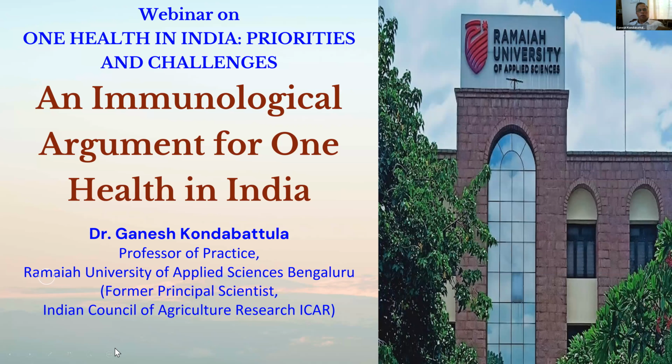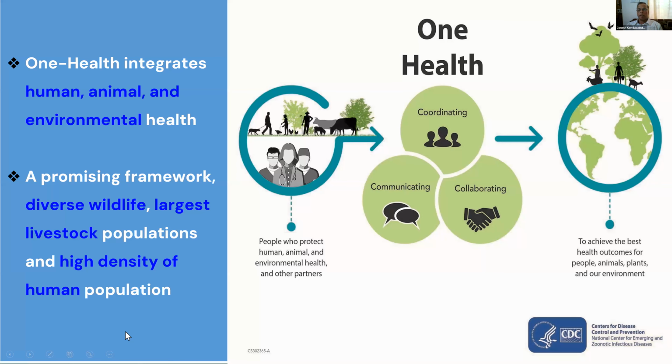Here I will be presenting related to the topic which is assigned. Here I'm just showing the slide on the One Health approach, as you all know, and now you are all experts in One Health. Coordination, communication and collaboration, these are the 3 points, as previous speakers also emphasized.